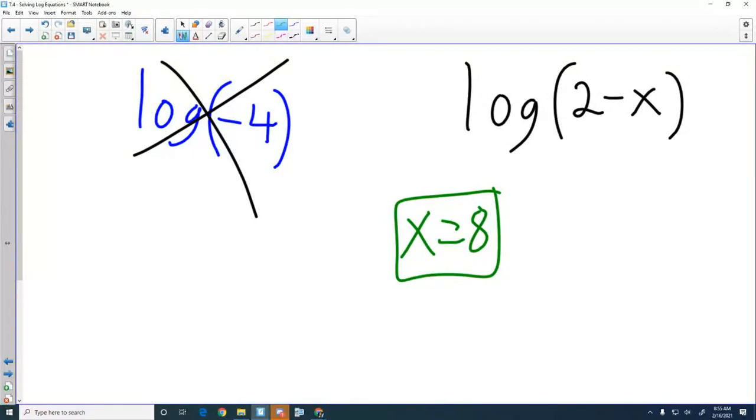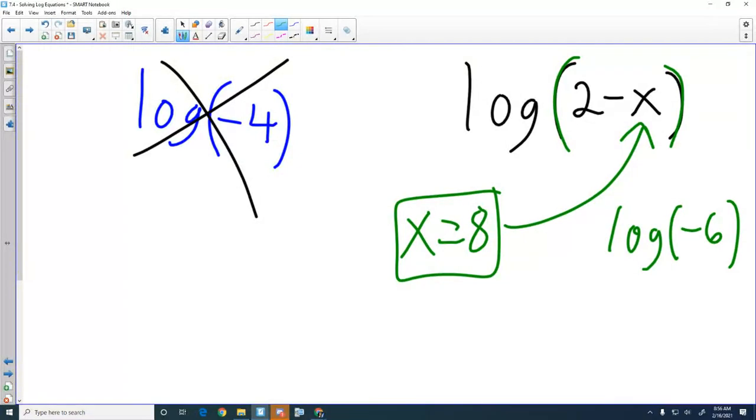You do have to check a little bit, very easily. You don't have to resolve the whole problem. But just think, if you were to plug that in for x, would that make the part in parentheses negative? In this case, what's 2 minus 8? It's negative 6. That's a log of negative 6. That can't happen. You cannot take the log of a negative number. So that would be an extraneous solution, which means there is no solution in that case.